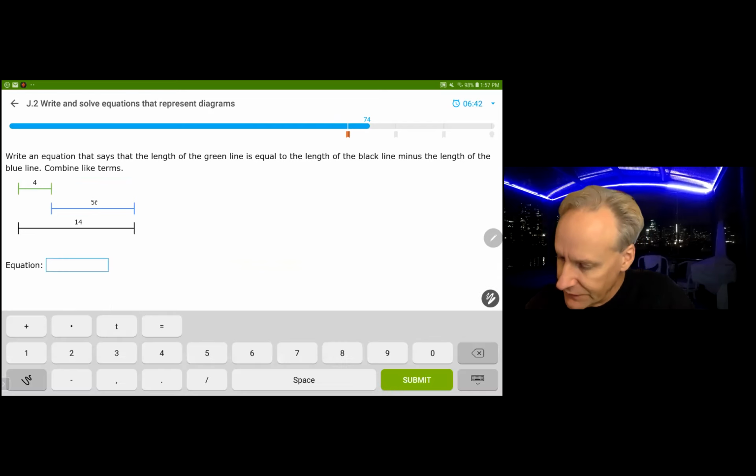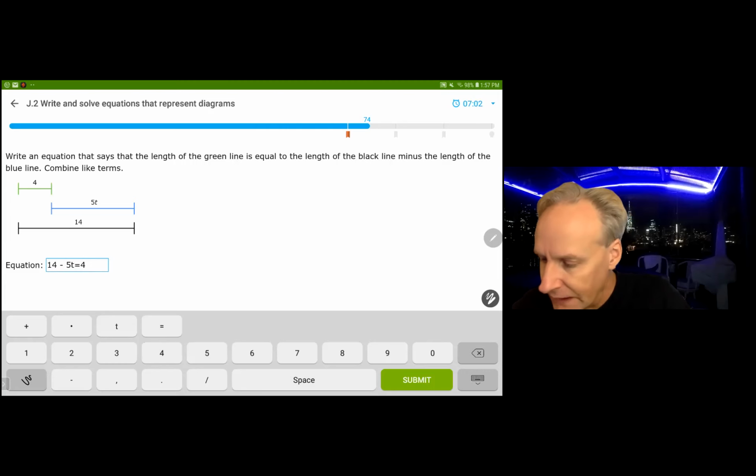So we're taking the 14, and we are subtracting, don't forget the space. We're subtracting the 5t, and it's giving us, I shouldn't put the space there, I guess I better leave it off, equals 4. So we took 5t away from the 14, and it's equal to the 4.